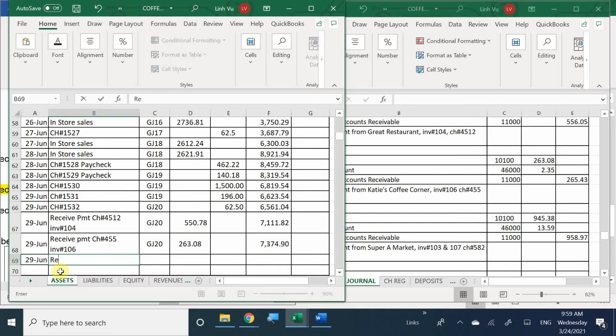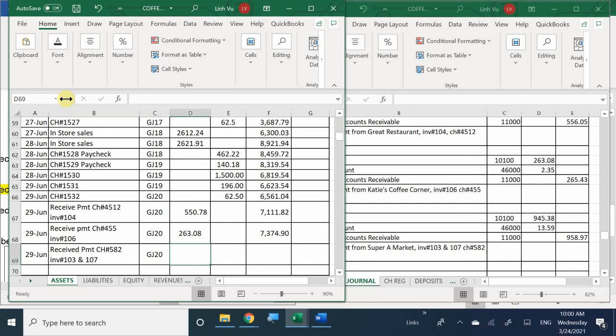Received payment. Invoice 103 and 107. General Journal 20 once again for the grand total of 945.38.